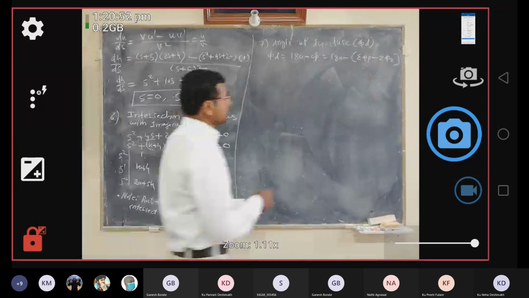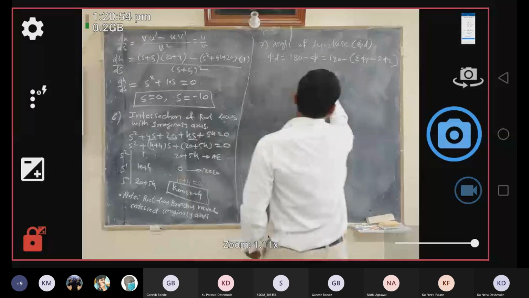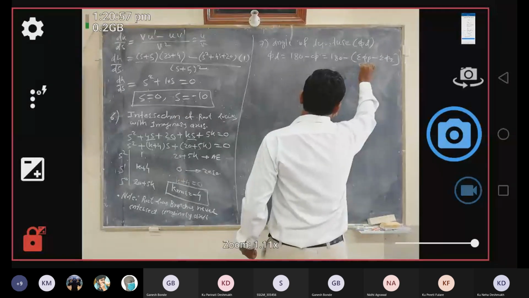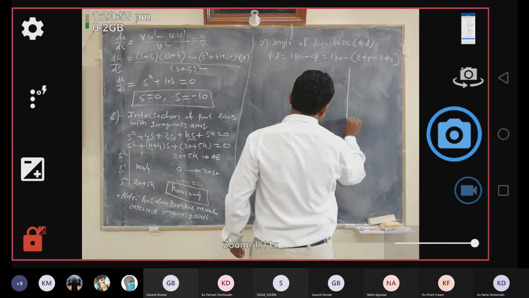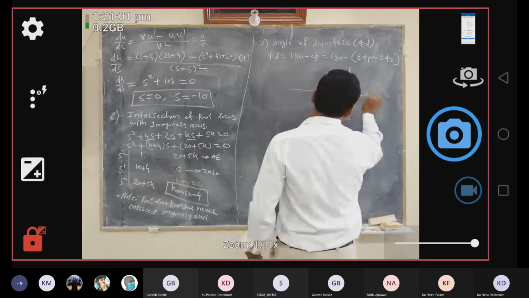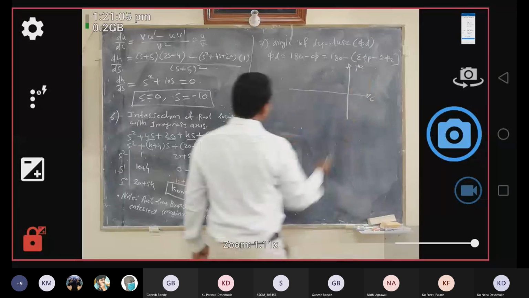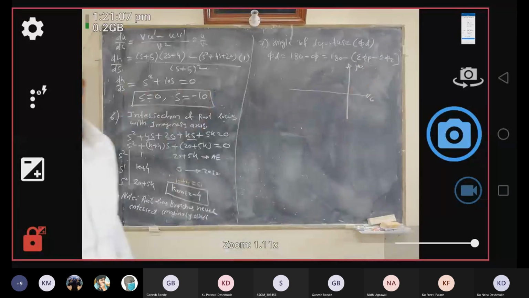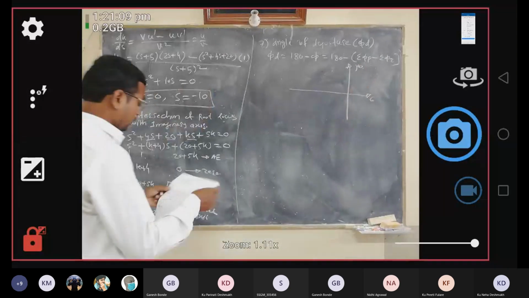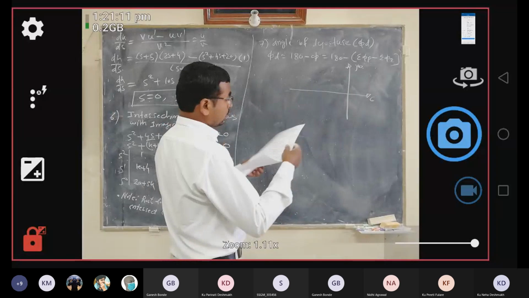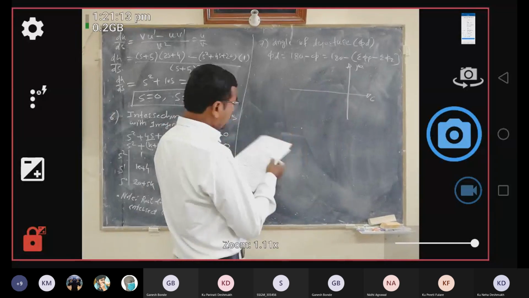So for that purpose, we first draw the pole zero plot, sigma j omega. So how many poles are there in the given problem? That is 2 poles and 1 zero.